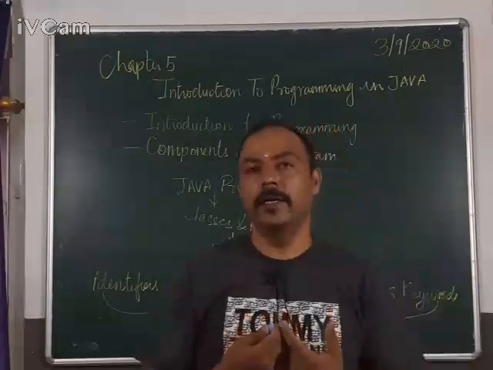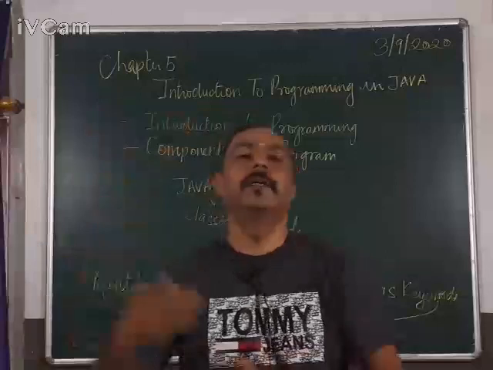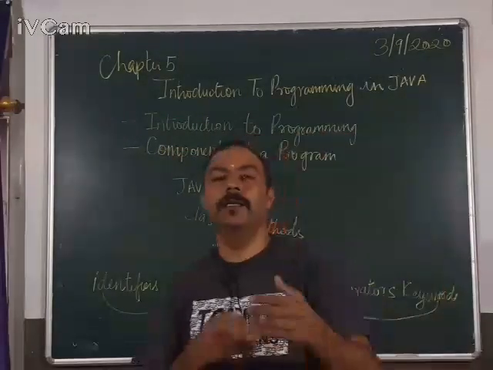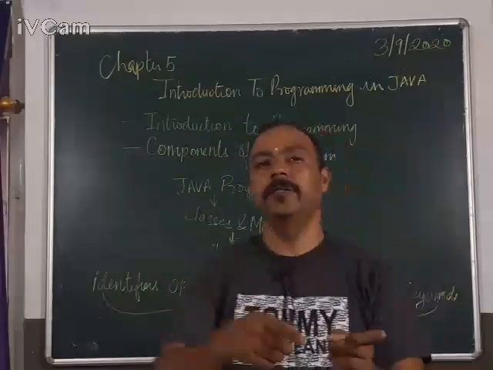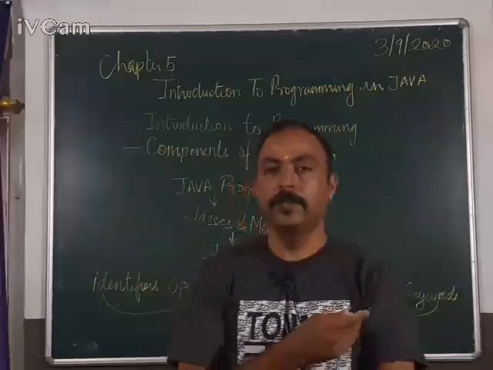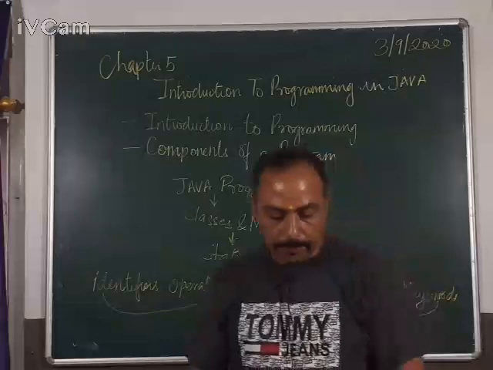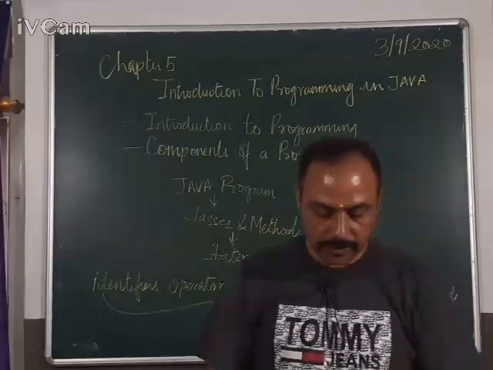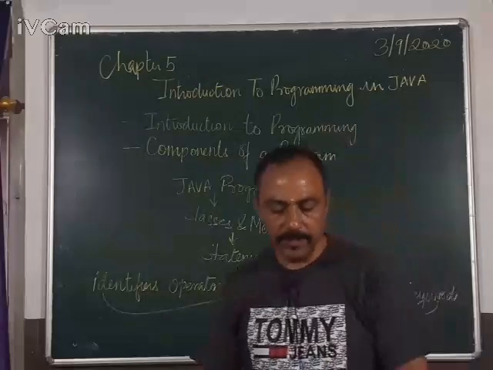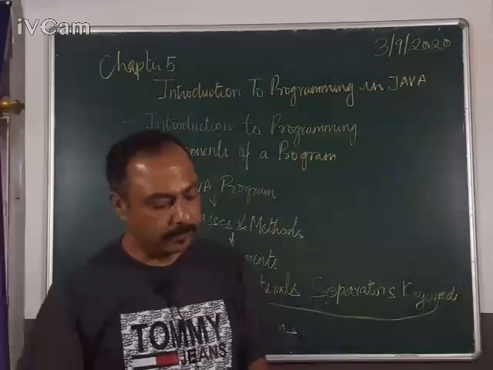So we write in our own language, and there should be an interpreter or translator that translates it into the language which the computer understands. Once you write the program in simple English, it is converted during compiling, and the system can understand it. So the compiler converts programming language code to machine understandable language. So, classes, methods and statements.